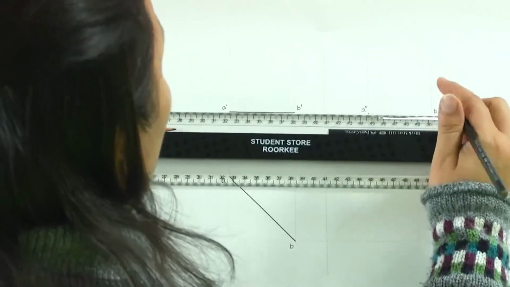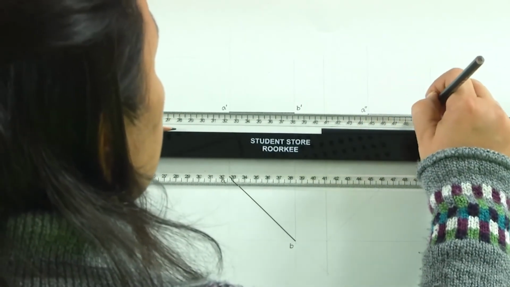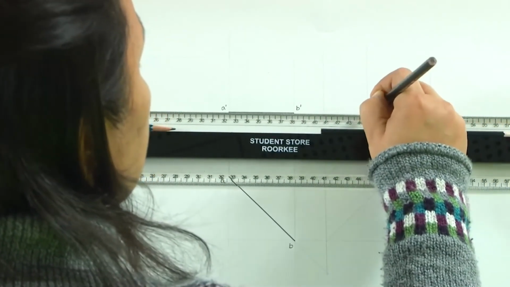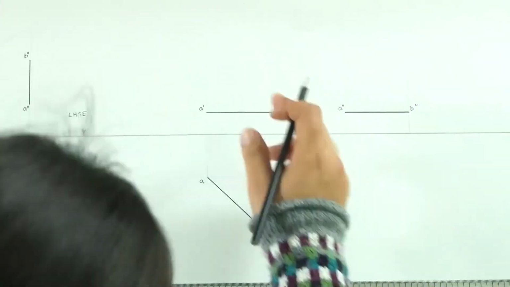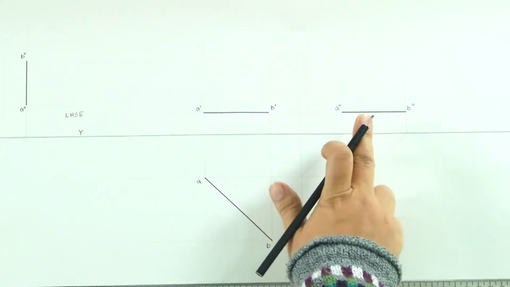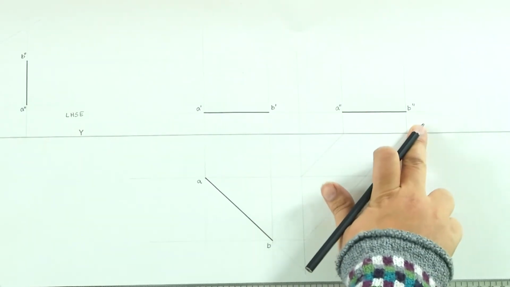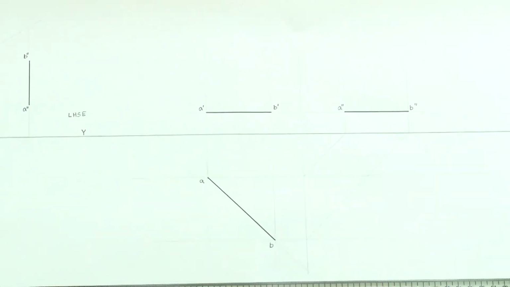And so, what we have here is this projection in the side view, side plane, which is A double dash, B double dash. Now, this is absolutely scientific because what we are seeing here is totally unambiguous.